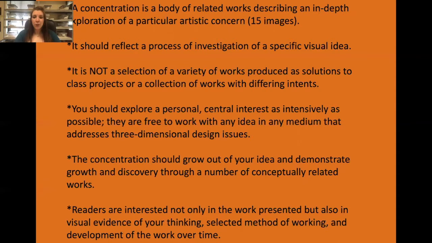You should explore a topic that is meaningful to you, and you are free to work in any medium that you choose to. You will want to pick a topic that is broad enough that you can make lots of different pieces related to it, but not so vague that it is hard to come up with different ideas.